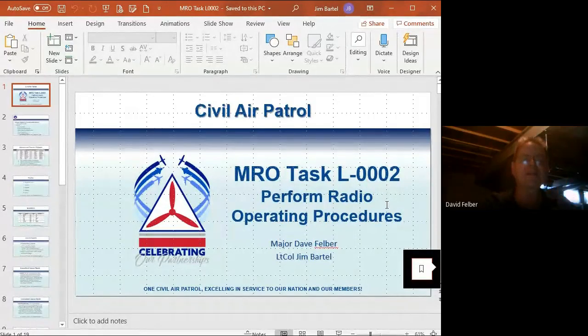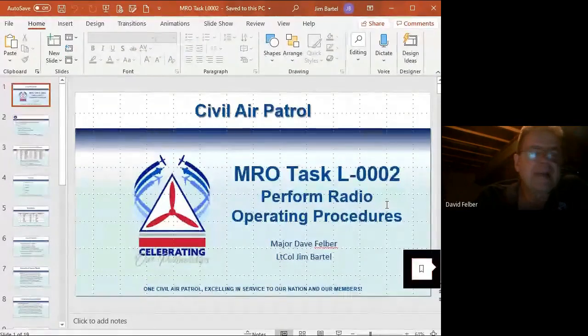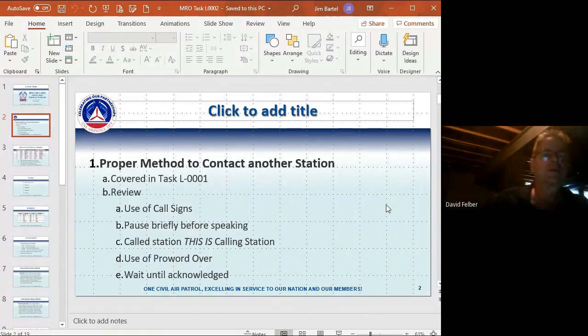Okay, a lot of this is going to be a repeat of iCut and actually L0001. Like I said, 0001 is for all communications, ground team, MSA, just a brief review. Now we're going to go into a little more depth into radio operating procedures. We covered the proper method to contact another station.